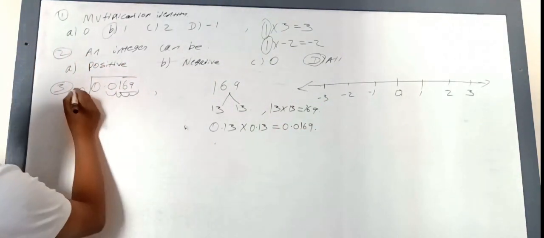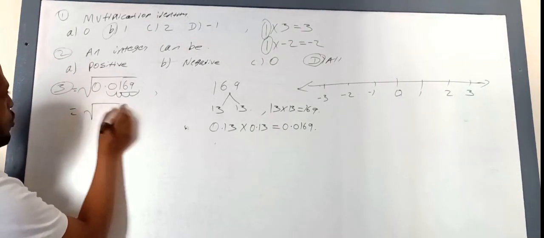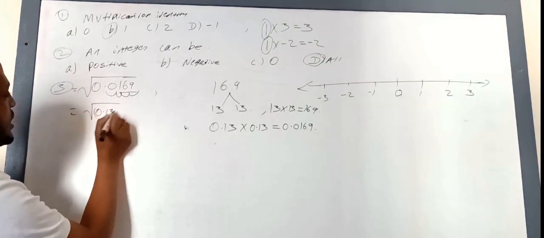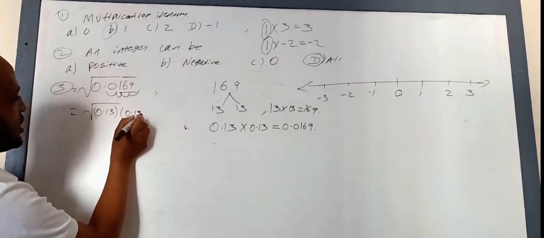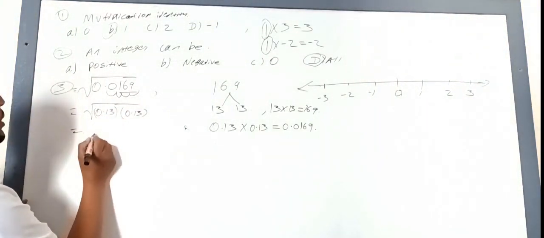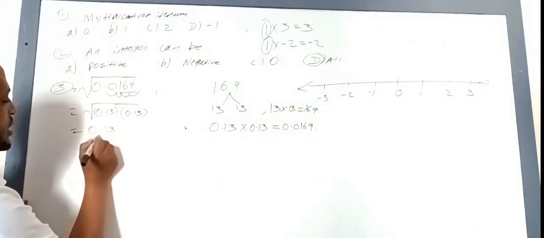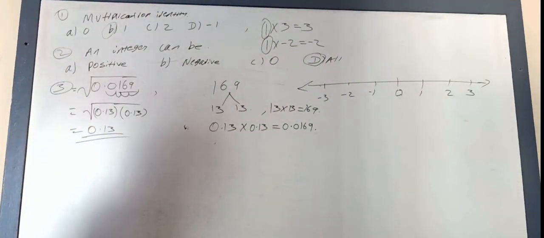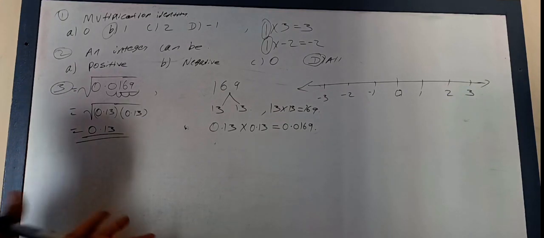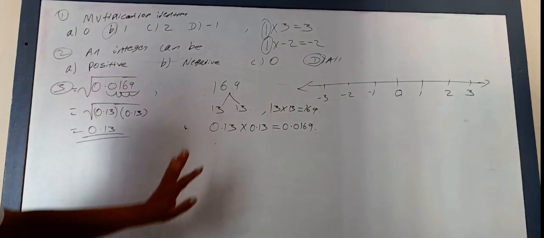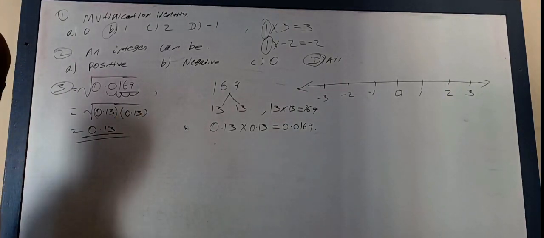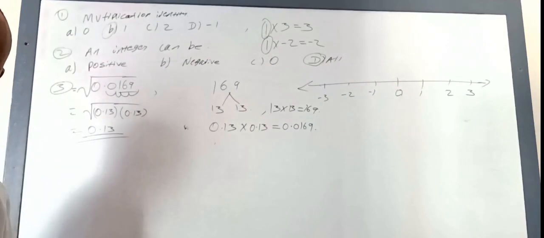Therefore, the square root of 0.0169 is 0.13. So that is all about the steps. If you have any questions regarding this, you can ask me.